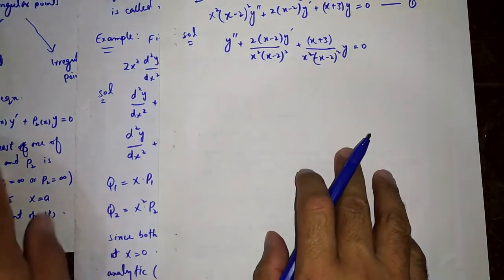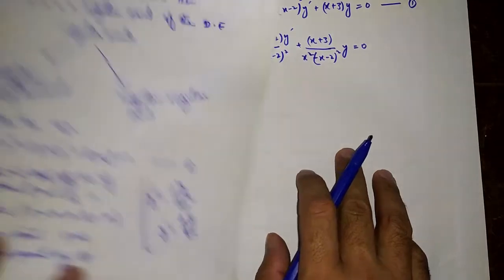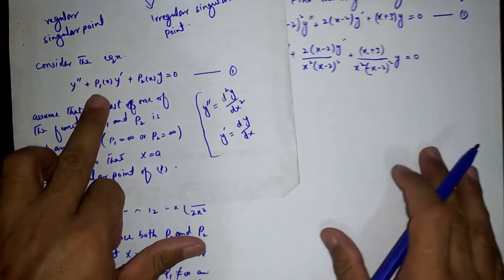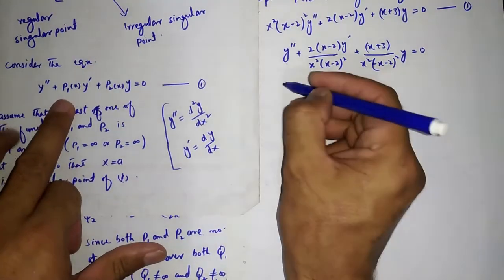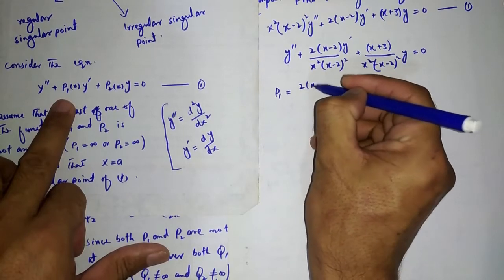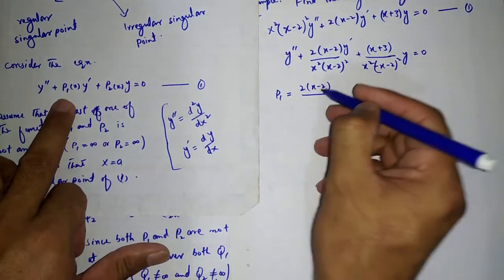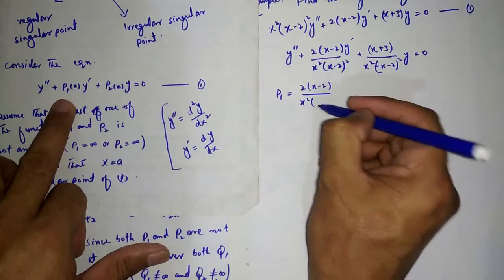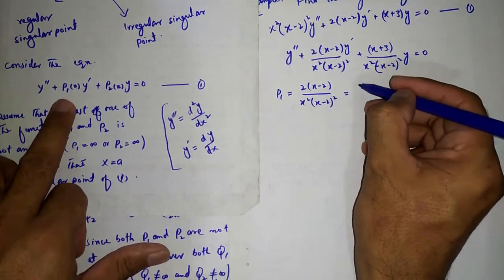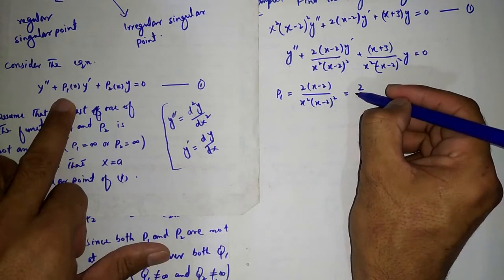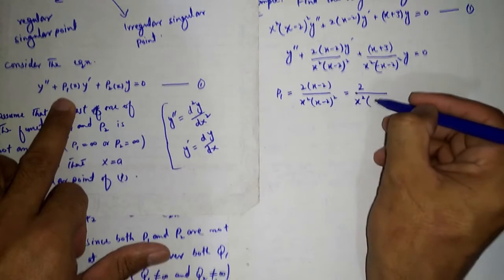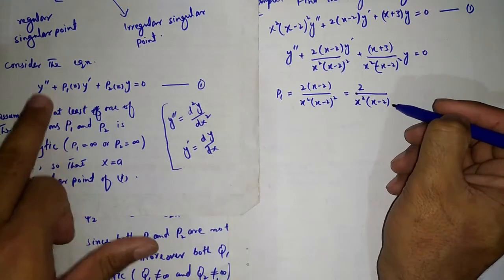So again, by comparing with this equation, here p1 of x will be 2 into x minus 2 divided by x square into x minus 2 square, or this will be equal to 2 divided by x square into x minus 2.